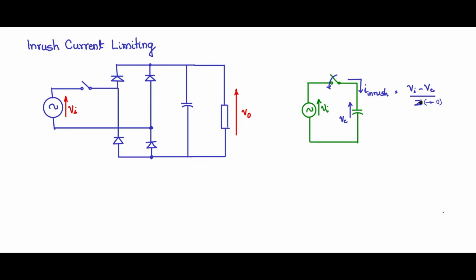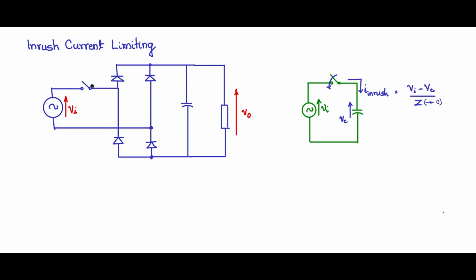And as chance may have it, at the time of switching this on, Vi, worst case possible, can be Vi peak, the max possible value in the sine wave. So that value divided by Z can be a very, very large value. It can be thousands of amps, and thousands of amps these diodes are not designed for, and they will blow up.